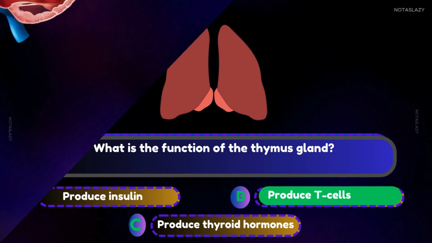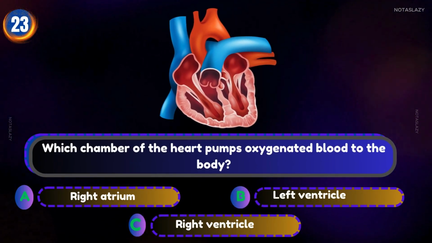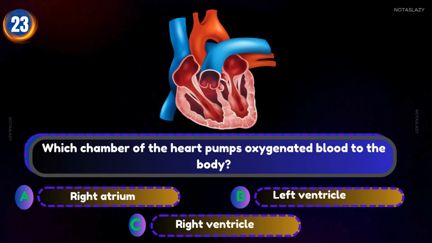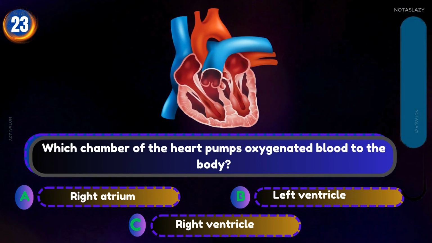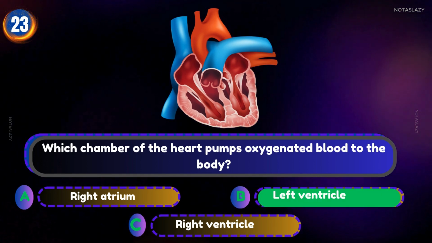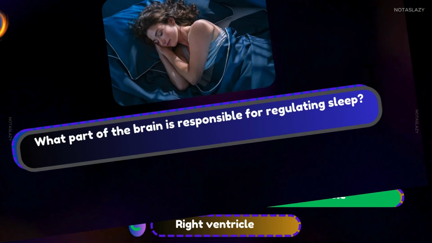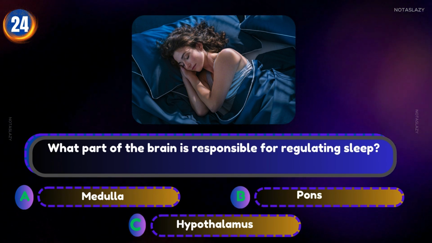Produce T cells. Which chamber of the heart pumps oxygenated blood to the body? Left ventricle. What part of the brain is responsible for regulating sleep?